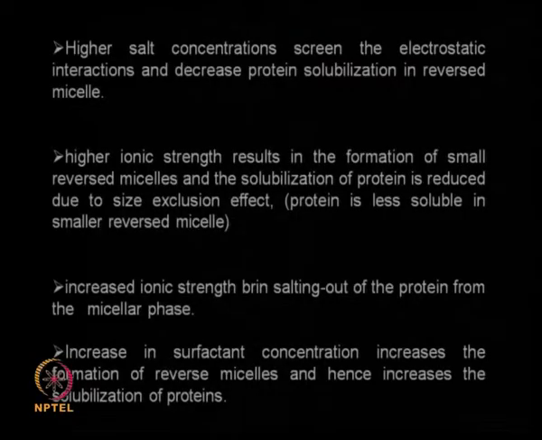So you see there is a very close interaction between the type of surfactant I select, anionic or cationic, and the pH at which I operate with respect to the isoelectric pH. There are many conditions by choosing which we can alter the solubility of the protein in a reverse micelle extraction.